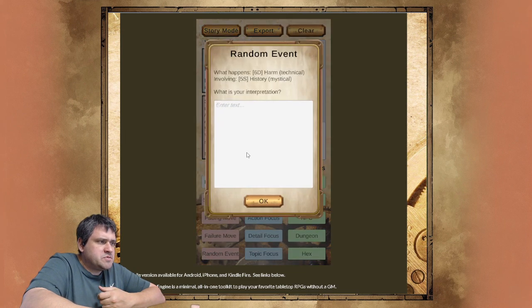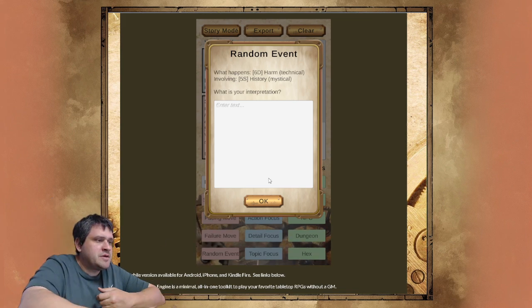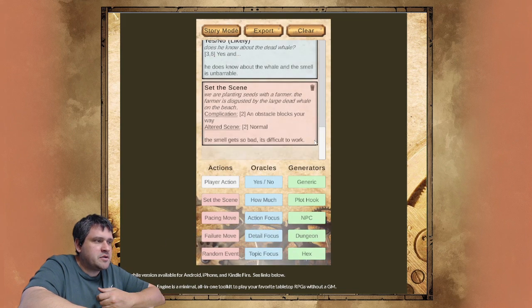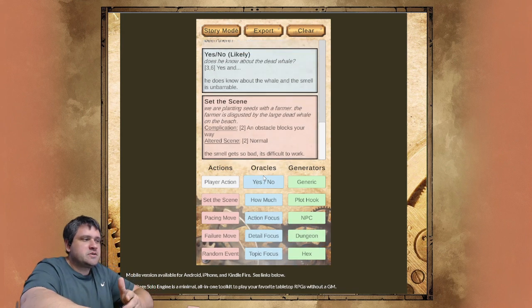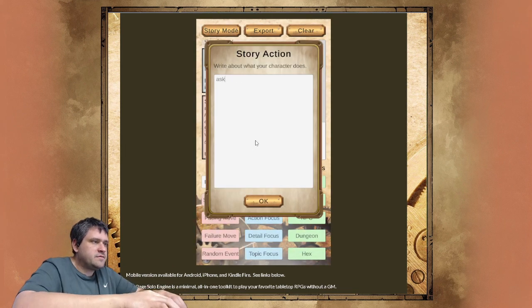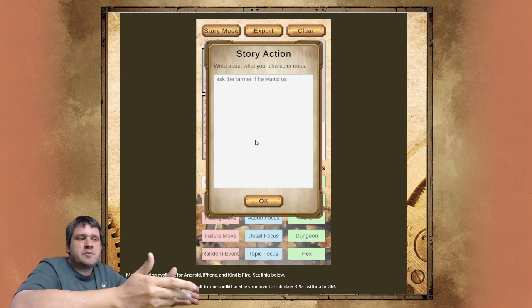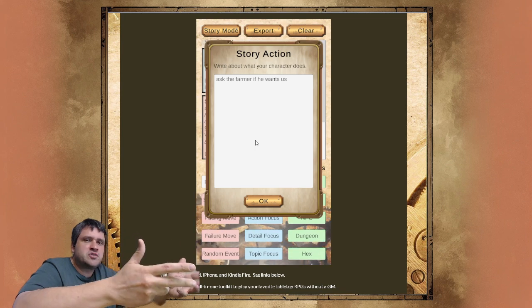There's also random events which we can try. Harm, history. Okay, so something old. I'm just curious what that one does. Haven't used that one in a little bit. But okay, so we ask the farmer if he wants, maybe we're a magician, or we're magically endowed.